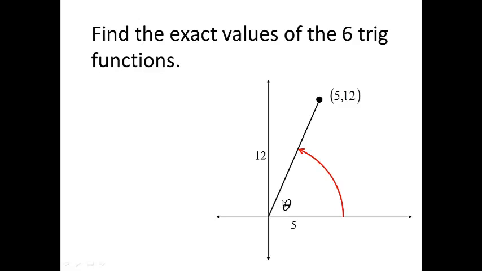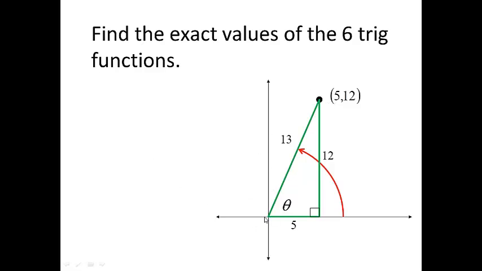It makes this angle theta in here. And if you look at this, hopefully you can see that this is a right triangle. And we have the 12, which is the height of my triangle. 5 is the base.